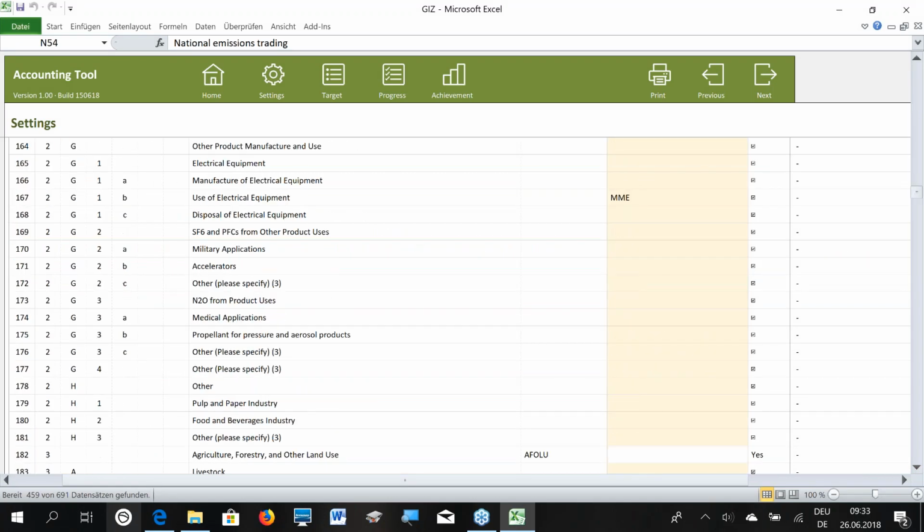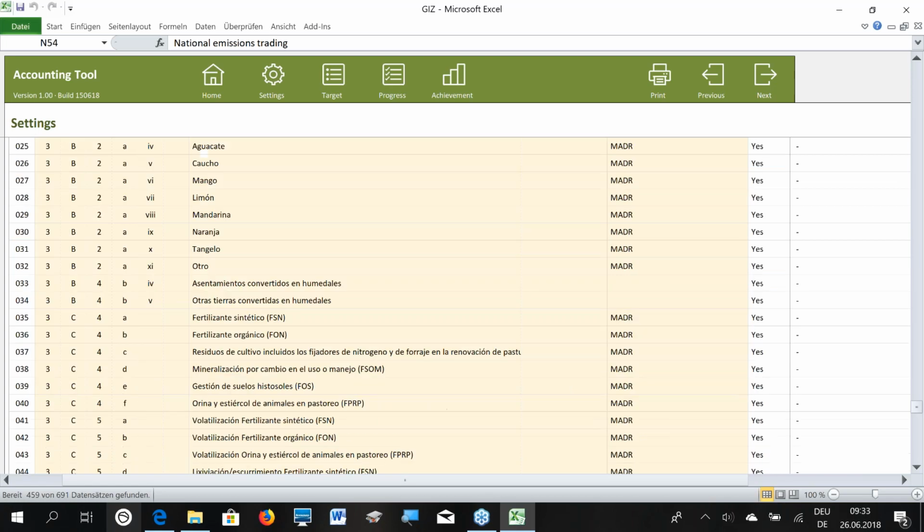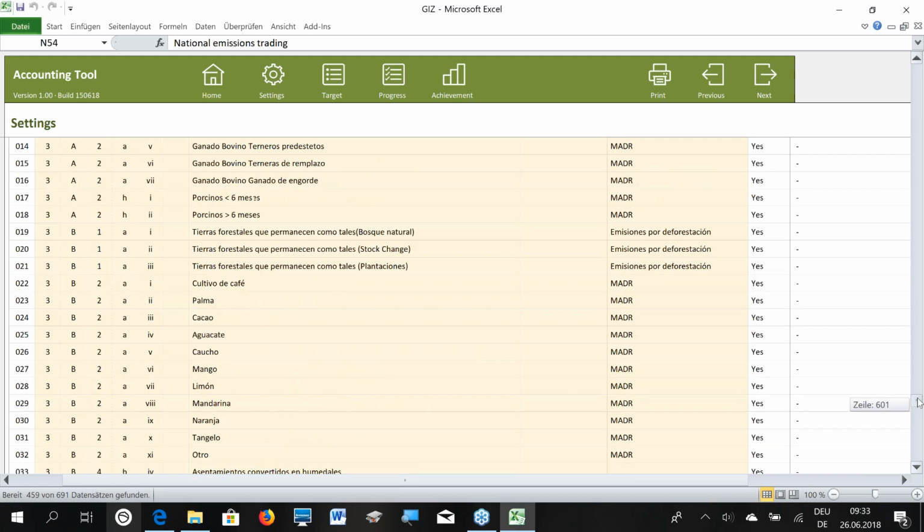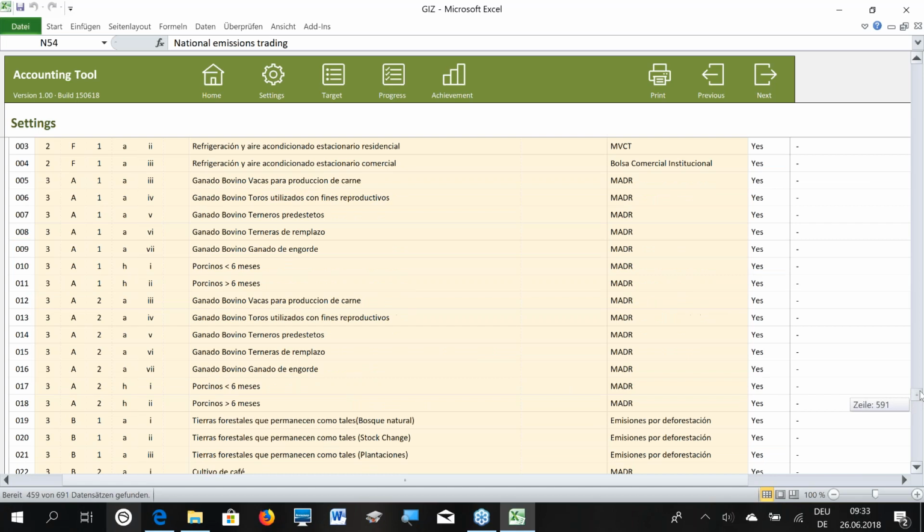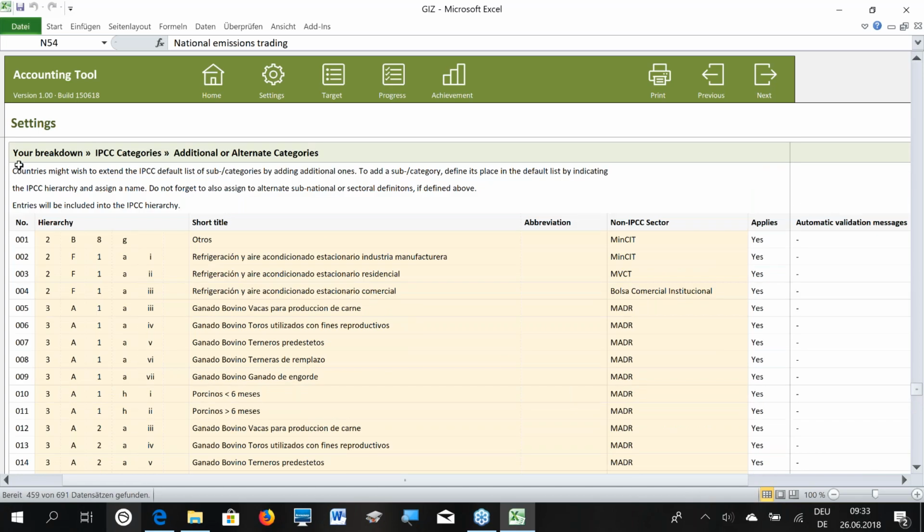Going down here on the slide, but this is something you wouldn't have to search for, because it's in the description above. The description would say, please go down to the part where you introduce additional or alternative emission categories, alternative in terms of the categories provided by the IPCC, and you could then add here all categories where you have black carbon emissions.